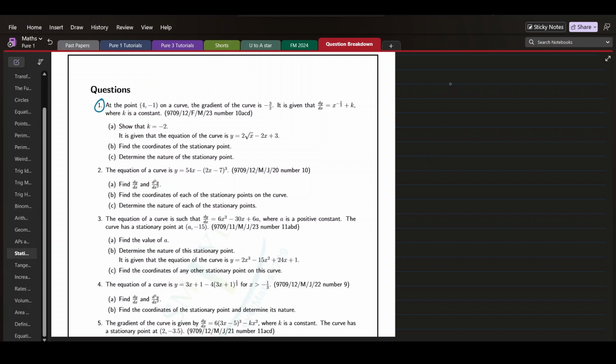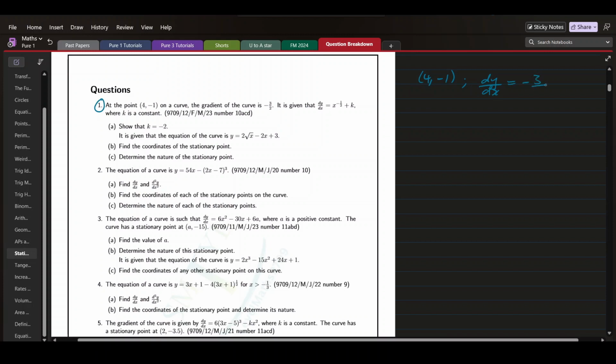Alright, so we've been told that at the point (4, -1), the gradient dy/dx is equal to -3/2. So we can use that information to substitute into this equation over here. We're saying dy/dx is -3/2 and x is 4. So that's 4^(-1/2) + k.